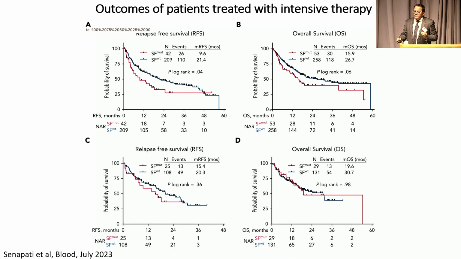But when we looked at those patients who received venetoclax and intensive therapy, again, the negative prognostic impact of splicing factor gene mutations on overall survival reduced, leading us to believe that probably venetoclax-based regimens are important for these secondary type AMLs, not just in splicing factor gene mutations, but other subtypes, but the data is not shown here for that.